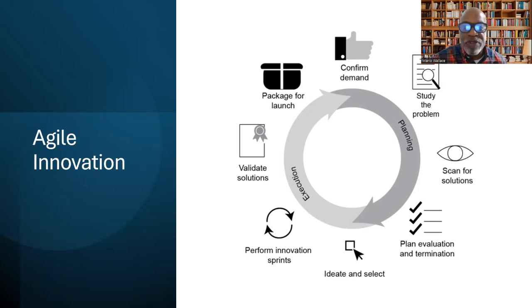Now, study the problem. You confirm demand, you show there is a problem, then you study the problem in detail to see if there are people within the organization that already have solutions for the problem that can be tested. Remember, agile implementation is to identify an evidence-based solution within academic journals, academic databases, academic literature, or through just knowing someone who has actually worked on this problem before.